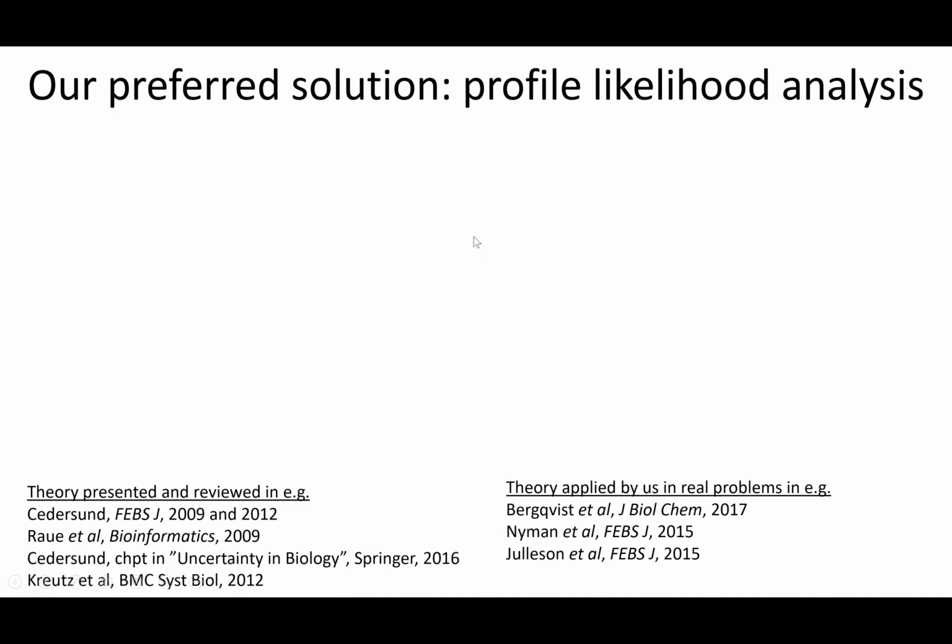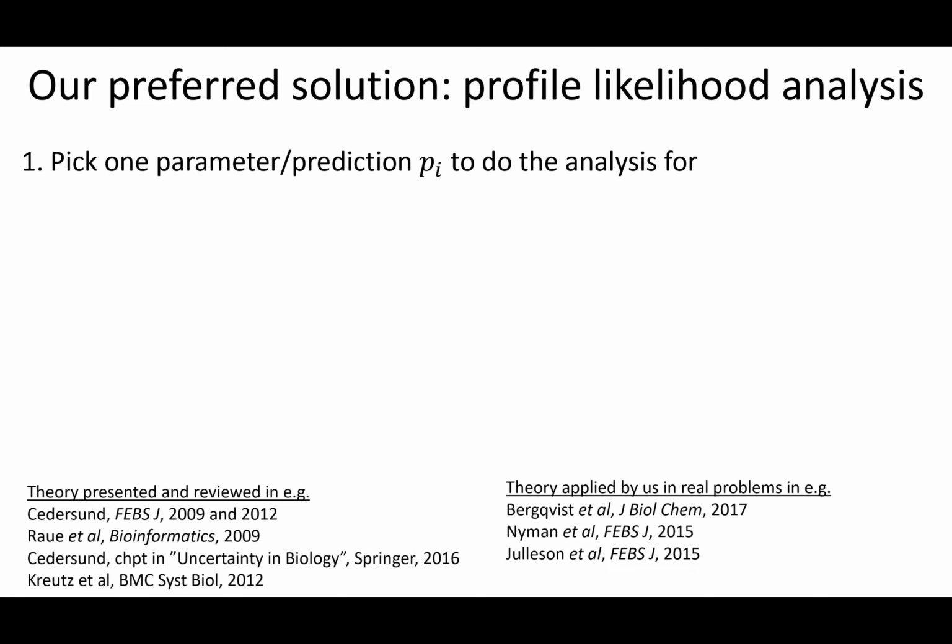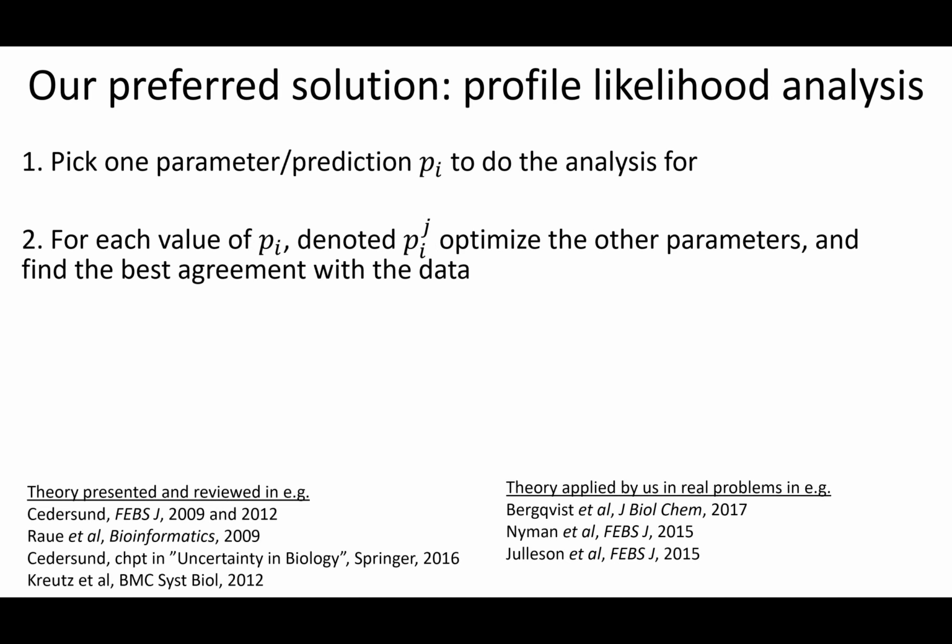So how do you do this in practice? Well, the preferred approach, if you can do it, is to use some kind of profile likelihood based method, where you pick one parameter or prediction to do the analysis for, and then you take a value of that and you optimize all of the other parameters and you find the best agreement with the data.